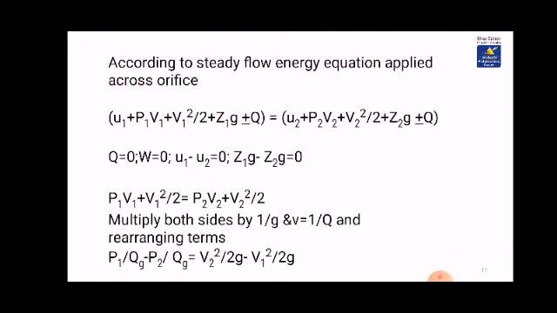The remaining quantities will be P1V1 plus V1 square upon 2 is equal to P2V2 plus V2 square upon 2. Multiplying both sides by 1 upon G and V is equal to 1 upon Q, and rearranging terms we got P1 upon QG minus P2 upon QG is equal to V2 square upon 2G minus V1 square upon 2G.